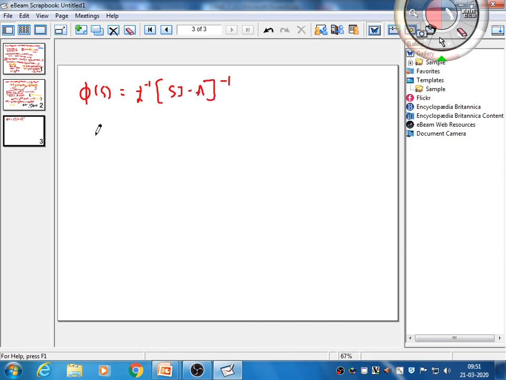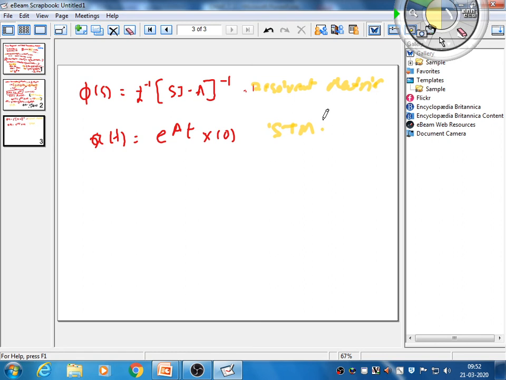Another concept was phi of t, where x of t is equal to e raised to at into x of 0. So there is a difference. This one is your resolvent matrix, and e raised to at is nothing but the state transition matrix.